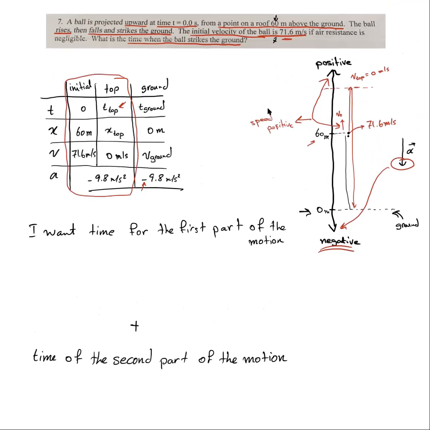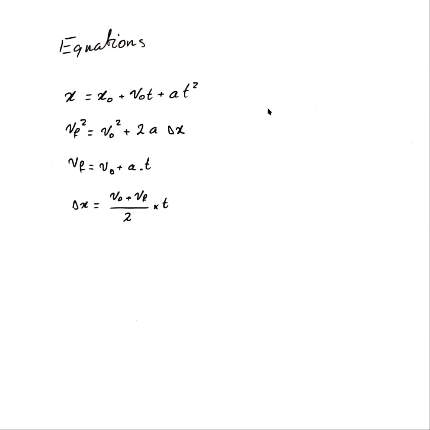So we know the initial distance, we know the initial velocity, and we know the initial time. So let's look at the equations that we have. For the first one, we don't know the point at which the ball hits a velocity of 0 at the top. So we don't know this one.